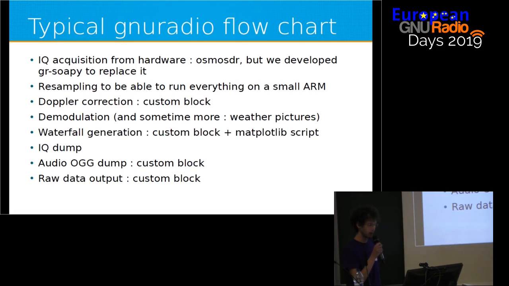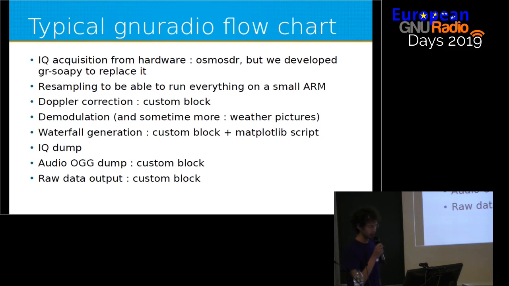So we use Osmo SDR, but we are currently developing the SoapySDR driver to replace it and to be able to use nearly any SoapySDR peripheral right out of the box. Today, this out-of-tree module is usable. You can use it. It works very well, but it's not fully implemented in our network.